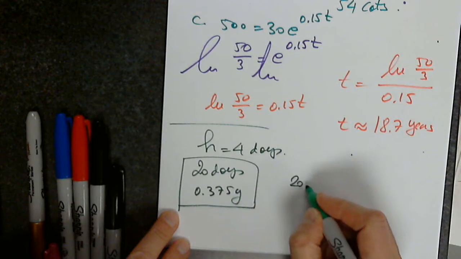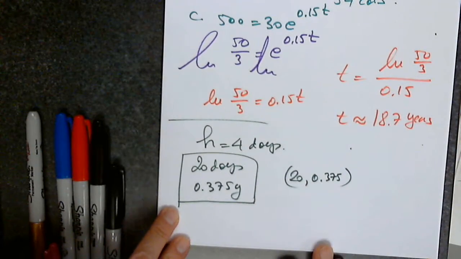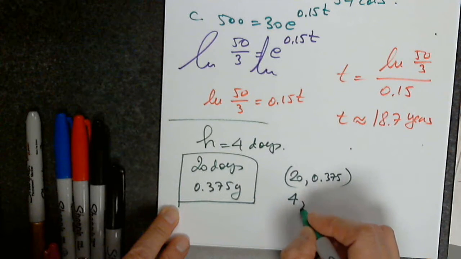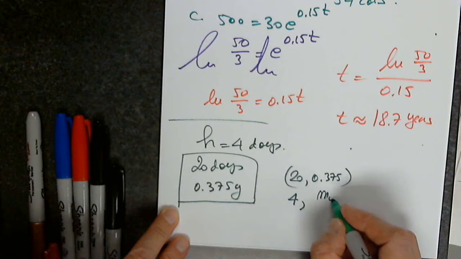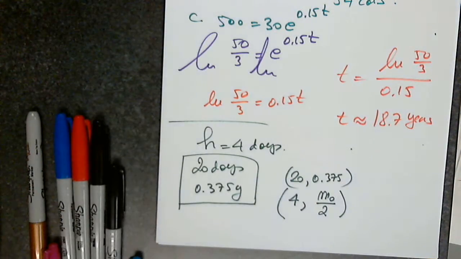So 20 days, comma, 0.375. Also, 4 days, comma, the initial mass over 2. That's the other point.